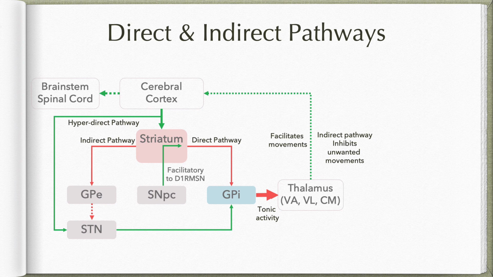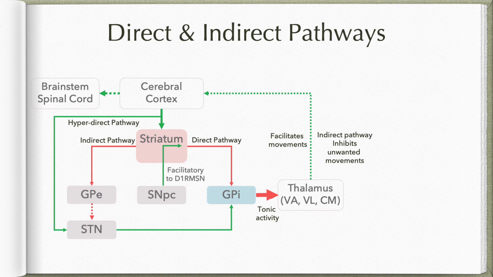So basically through direct and indirect pathways, basal ganglia is making sure that only appropriate or wanted movements are executed. The appropriate movements are executed through the activation of the direct pathway, and unwanted movements are inhibited through the activation of the indirect pathway. Mind you, these two are not exclusive. That is, you don't excite either the direct pathway or the indirect pathway.